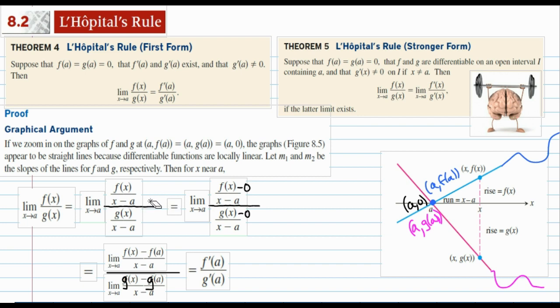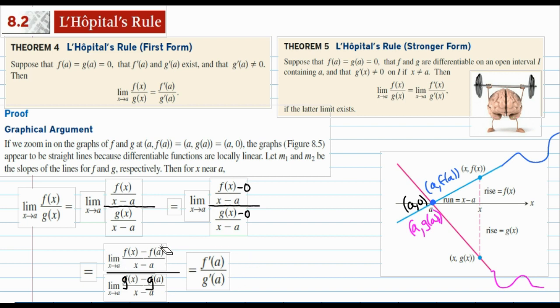Well, if we want to rewrite that a little bit, let's throw a minus 0 on the top of each rational expression. That doesn't change the value either, but now it looks like you're finding the slope between (a, 0) and (x, f of x) in the numerator, and then (a, 0) and (x, g of x) in the denominator. As we all know, slopes are derivatives.